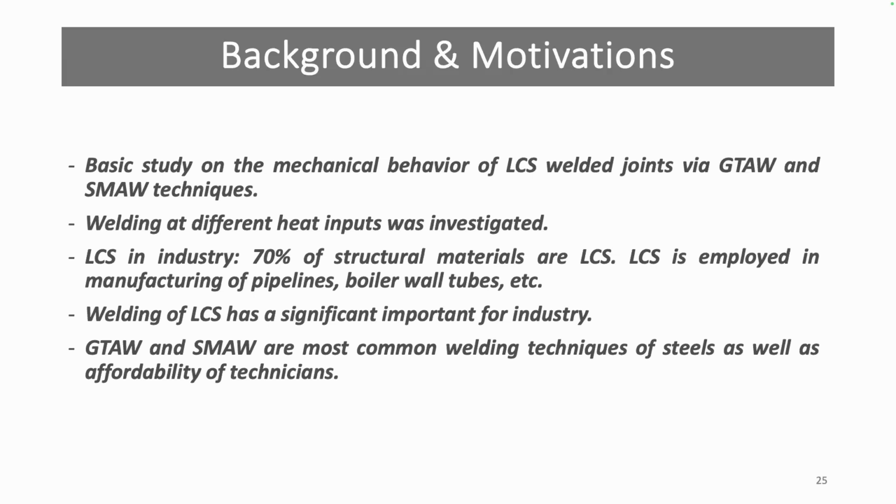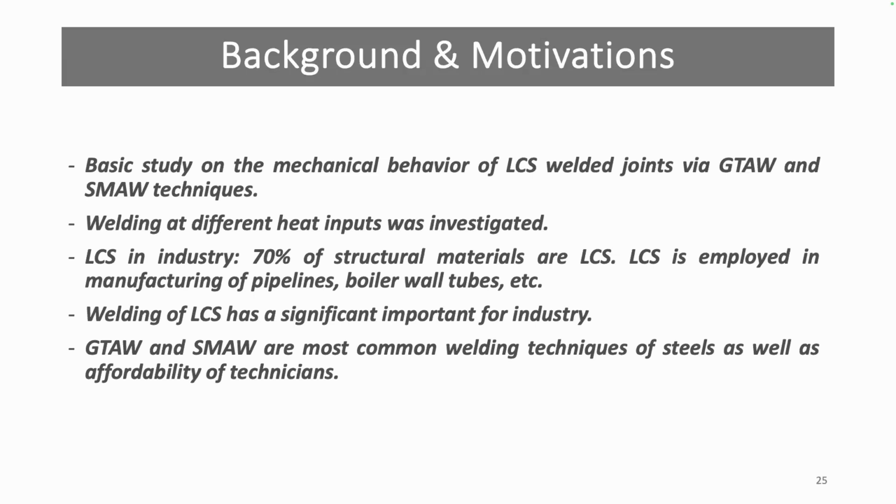So this is a basic study about the mechanical behavior of low carbon steel weld joints by GTAW and SMAW techniques. Also, welding at different heat inputs was investigated. As you know, low carbon steel is used in 70% of the structural materials, such as manufacturing of pipelines and boiler wall tubes and more.